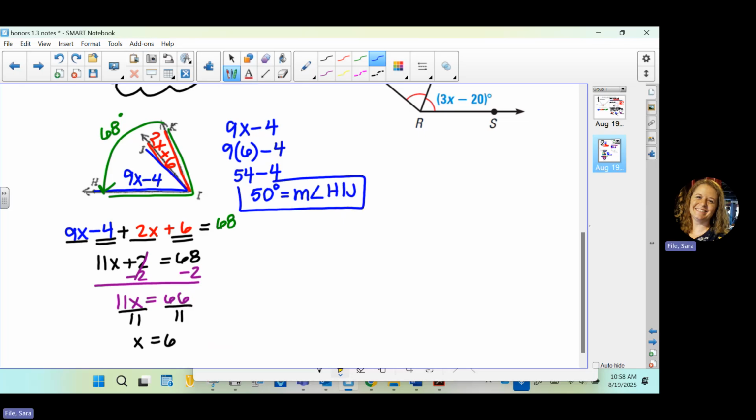That's my answer. If you need to label, this is what we did first, this is what we did second, so you know what order we did our work in. You can do that. First we solved for x, then we plugged it in and found the angle we were asked for.